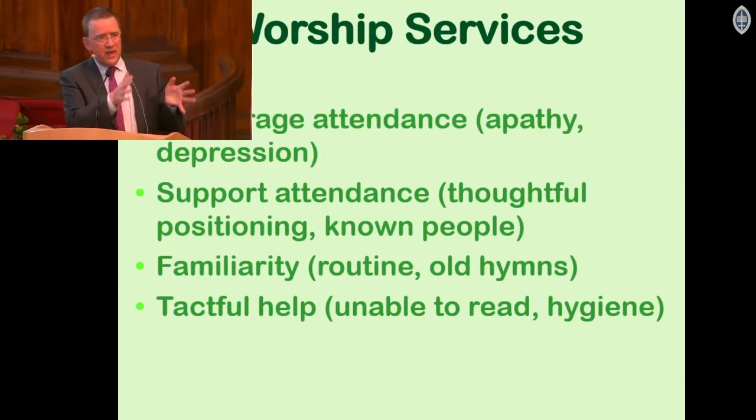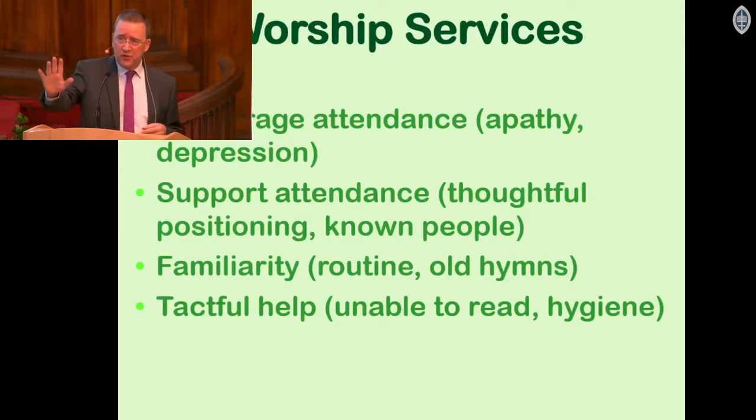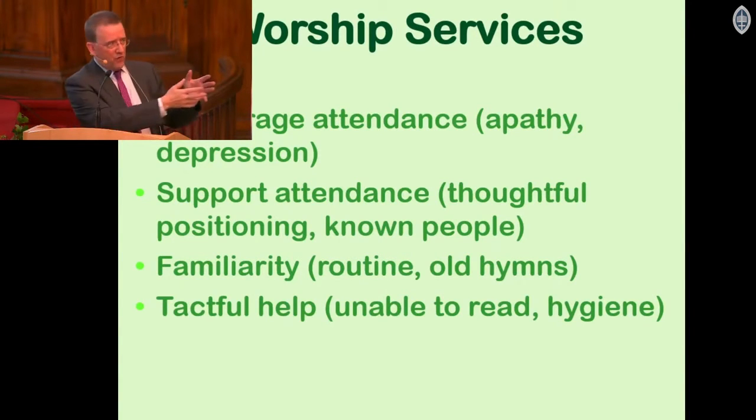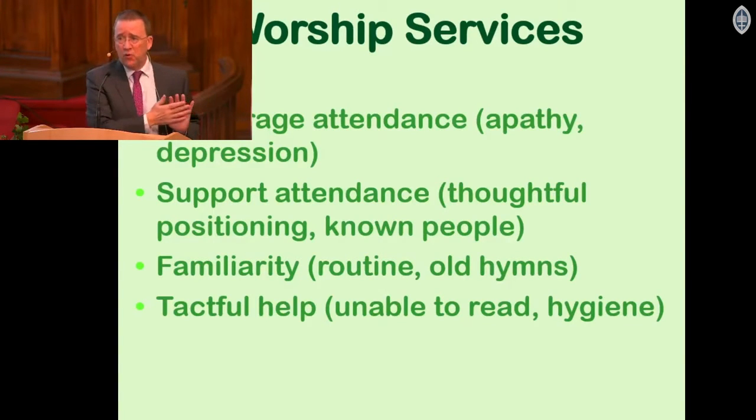And of course, when they're there, you need to think about where they're going to sit in the congregation. Generally not a good thing to put them near the front of the building or in some kind of prominent position, because they might become distracted or distressed. And therefore you would want somebody in a position where, if that happens, they can easily be supported without disturbing the rest of the congregation, and perhaps taken for help outside the worship area.